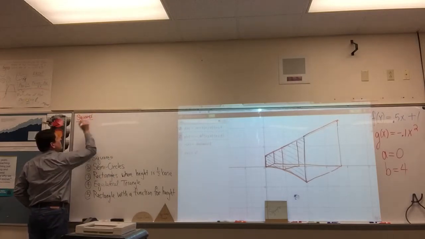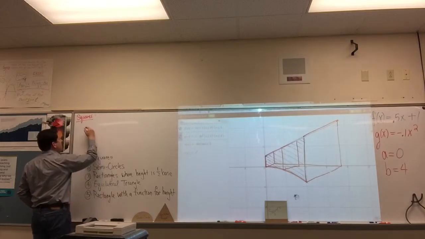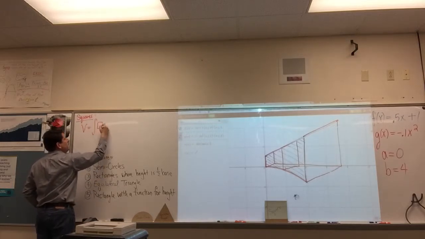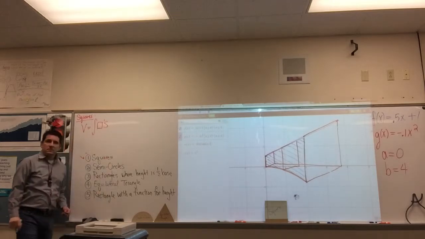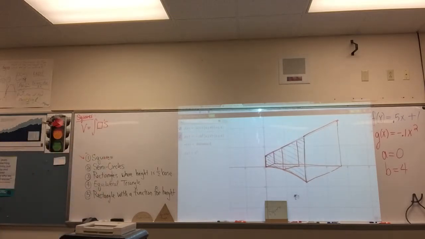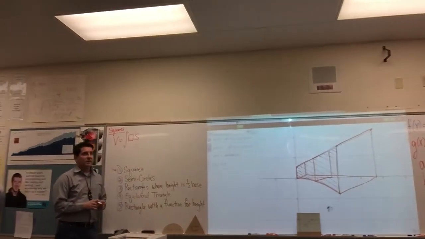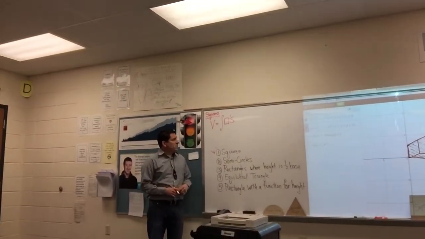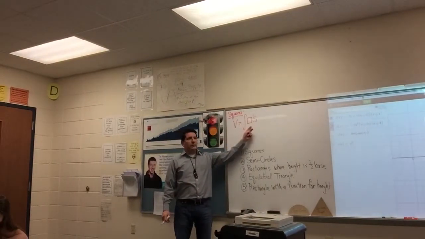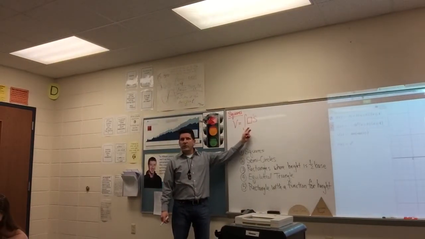Okay? So the way that I look at it, I say, okay, to find the volume, I want to integrate squares. And that's the part that's not really mathematically proper. Okay? But it gets you the sense that we're going to accumulate an infinite number of squares.